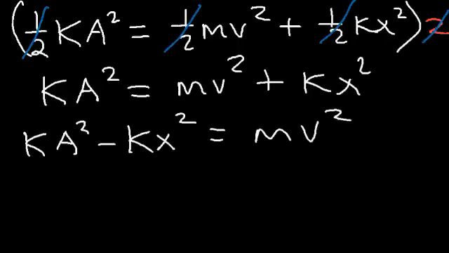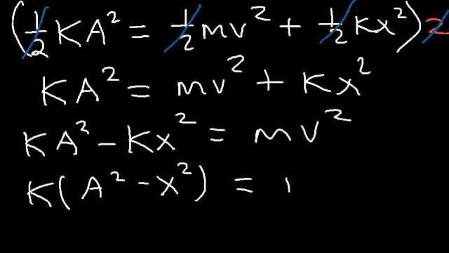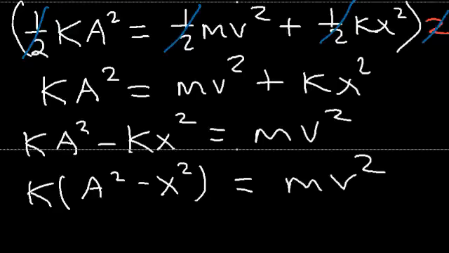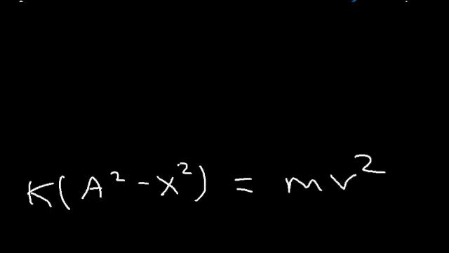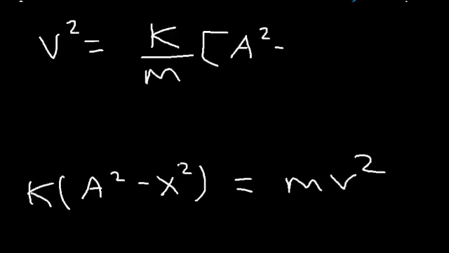And now let's factor out the GCF, the greatest common factor, which is k. So this is going to be a squared minus x squared. Next, let's divide the expression by the mass. So v squared is equal to k divided by m times a squared minus x squared.